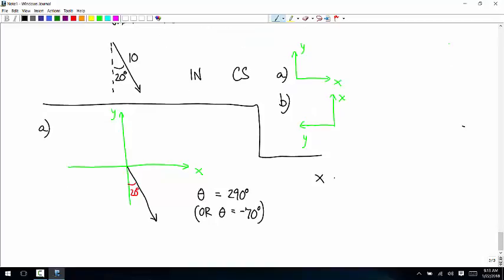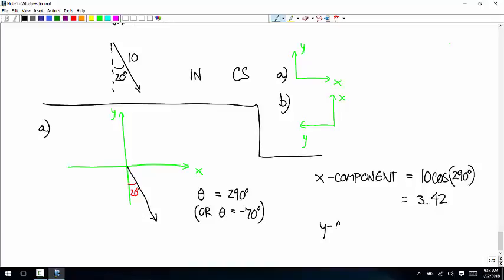And so the x component is 10 times the cosine of 290, which is 3.42.